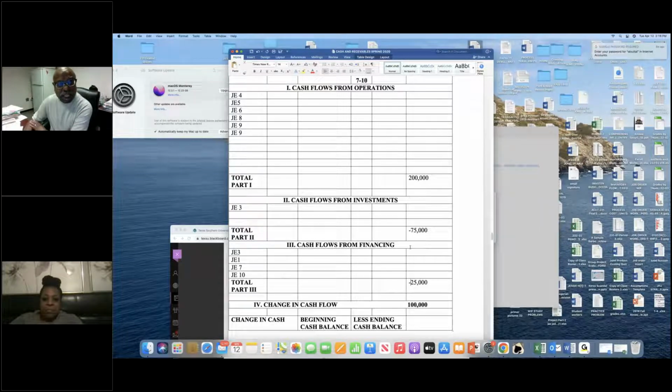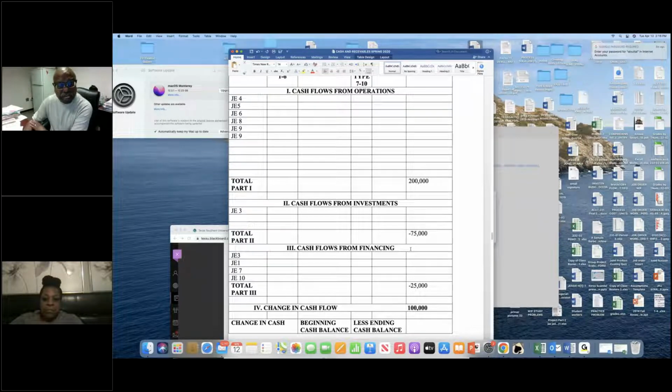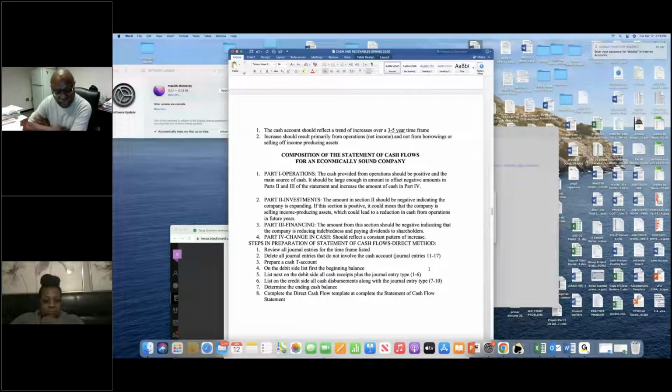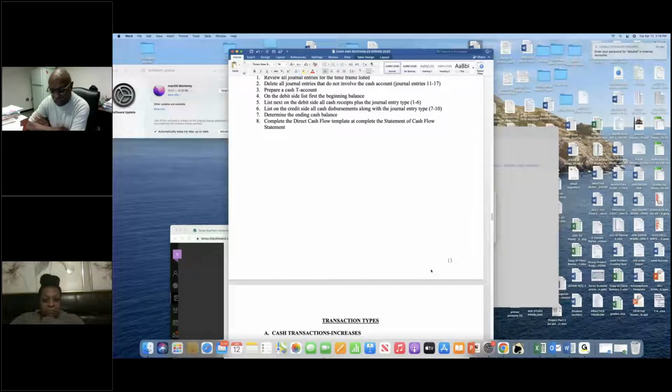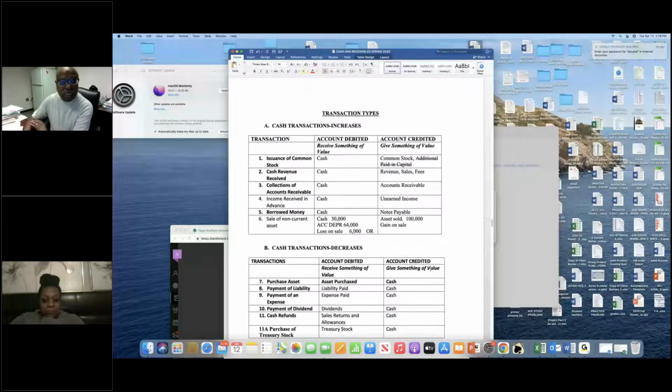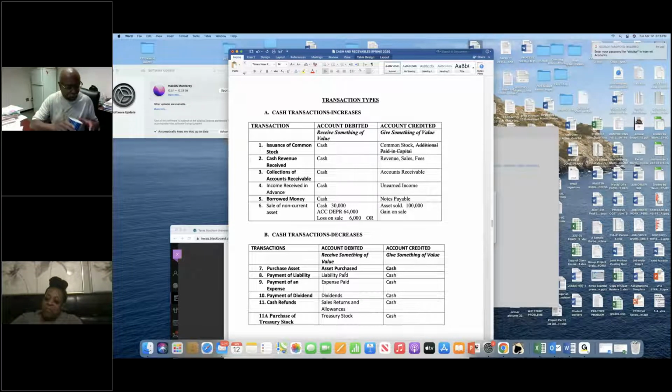Now, when we do a statement of cash flow, only the journal entries from 1 through 11 are involved. If that journal entry is not 1 through 11, we're going to strike it out.